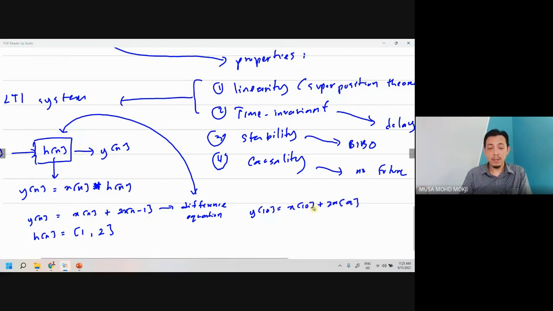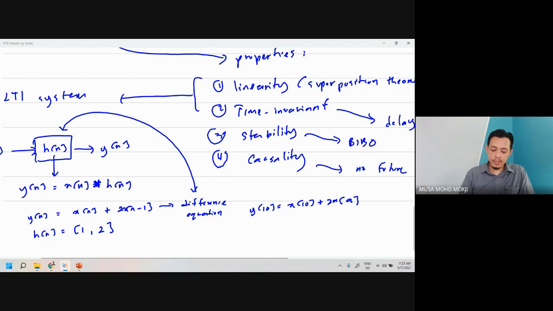Get your x[n] and check what x[10] is, the value of the input signal at index 10, and then the value of x at index 9, multiply by 2 and add to x[10]. Then you will get your y[10], the output signal at index 10.